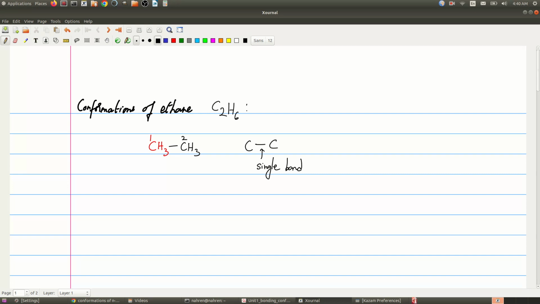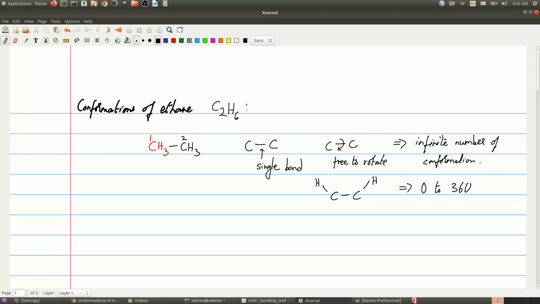Because the two carbons are connected by a carbon-carbon single bond, the bond is free to rotate and can give rise to an infinite number of conformations, because the angle between, say, an H and an H can be anything from 0 to 360 degrees, right?